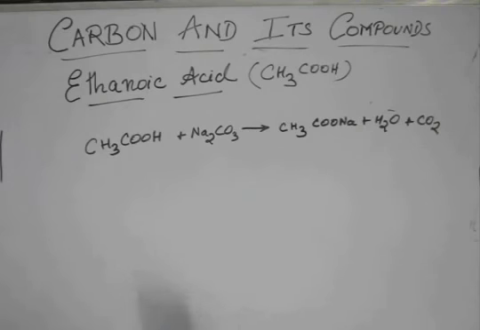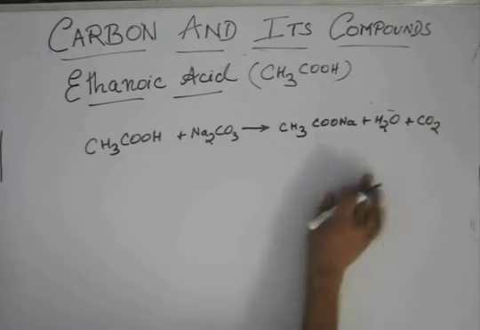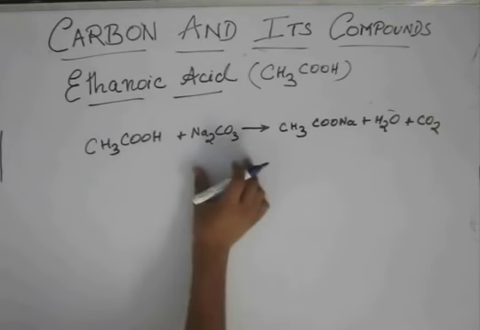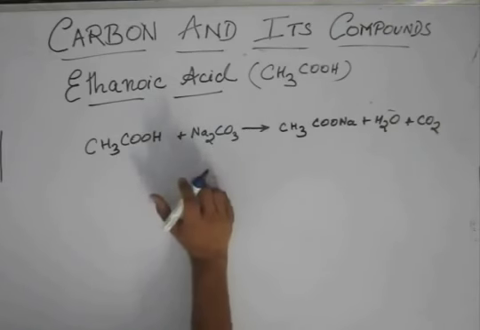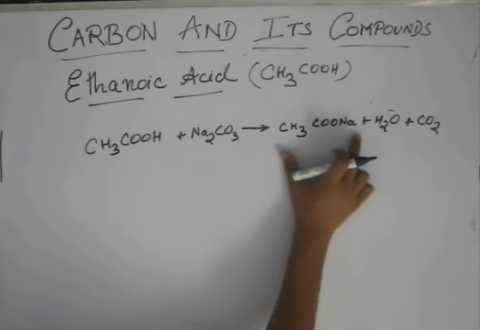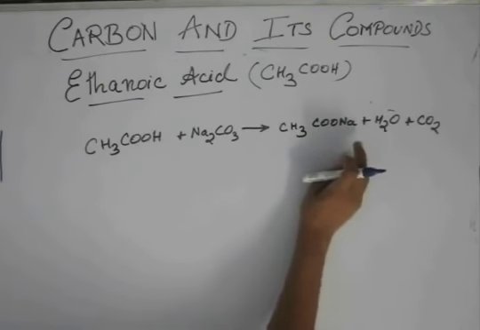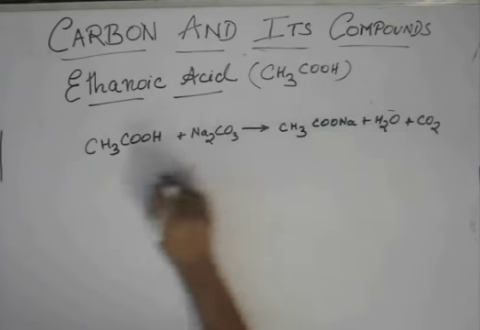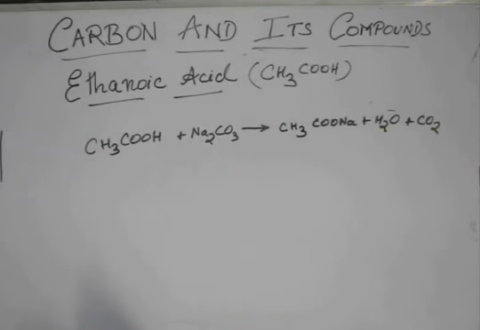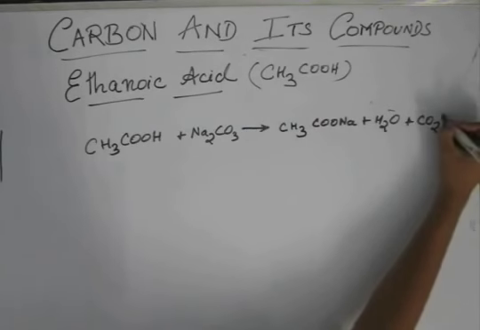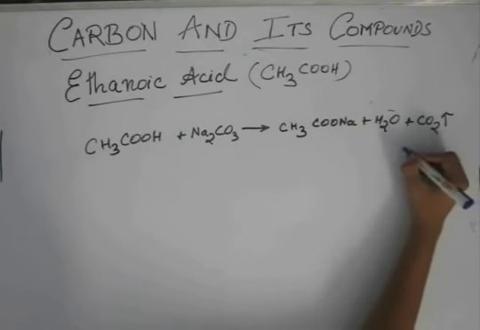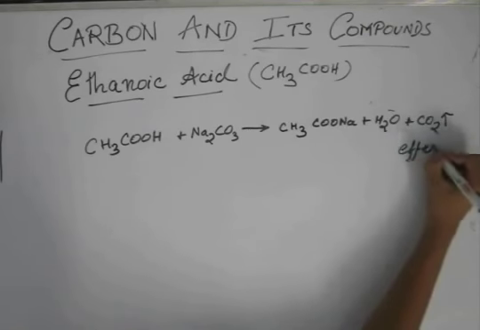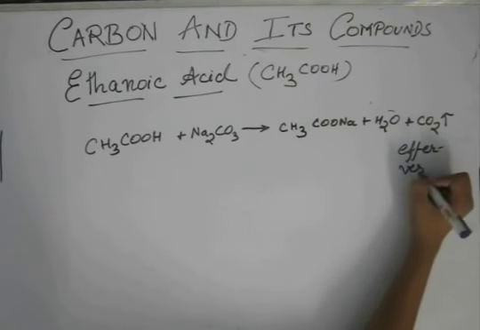Now this is the same as HCl reacting with Na2CO3, just that in place of NaCl over here, you have CH3COONa, and so this is the reaction, and this CO2 is evolved as effervescence.